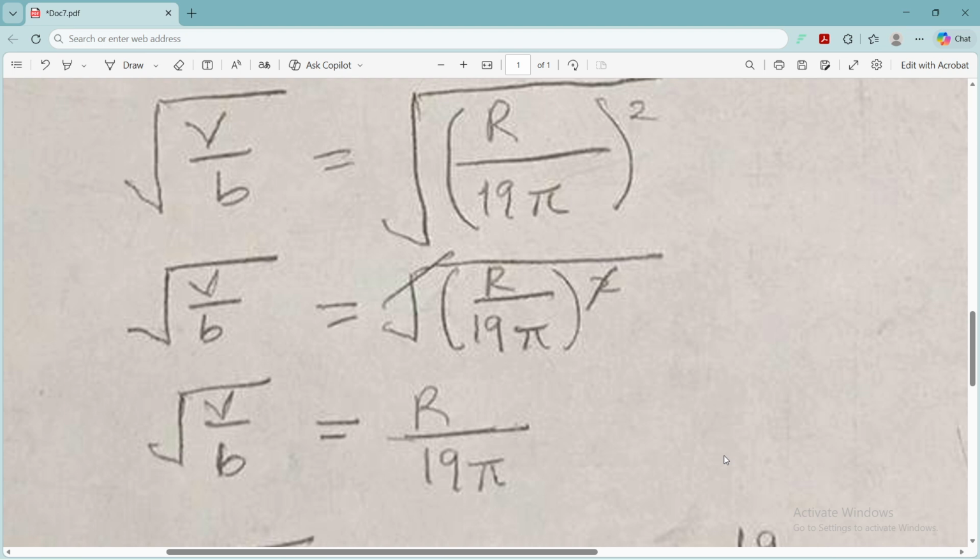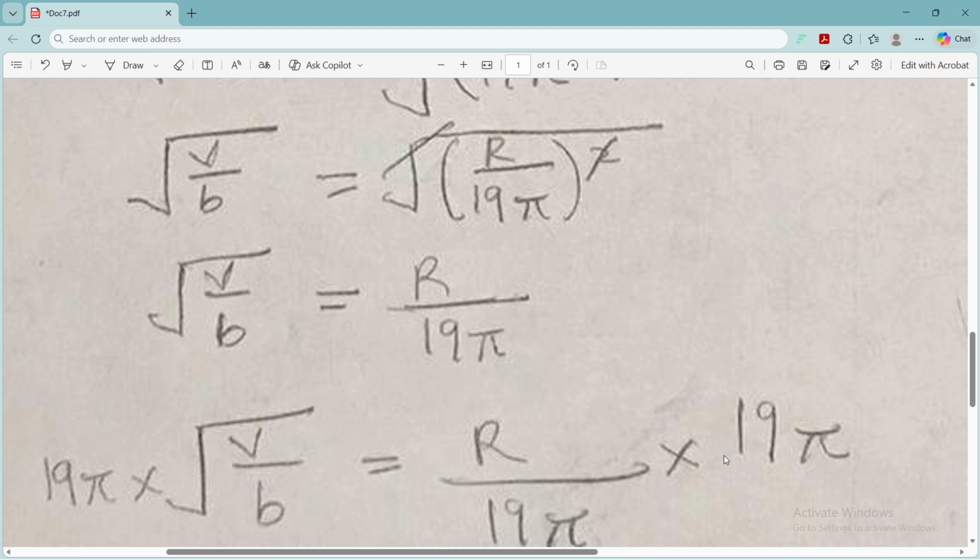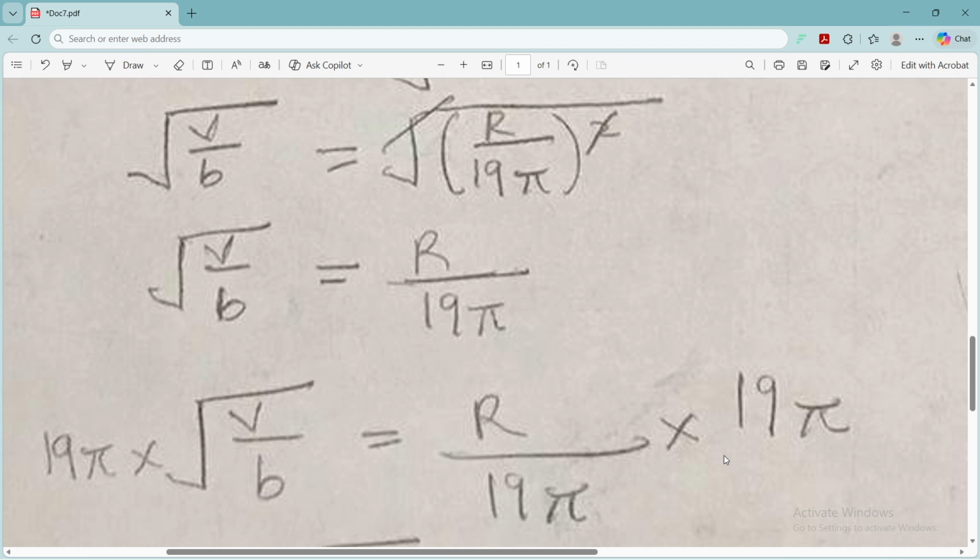And we were tasked to make R the subject of the relation, right? So in doing so, we have to multiply through by 19 pi on both sides of the equation, in order to cancel out and eliminate 19 pi for R to be on its own, right?